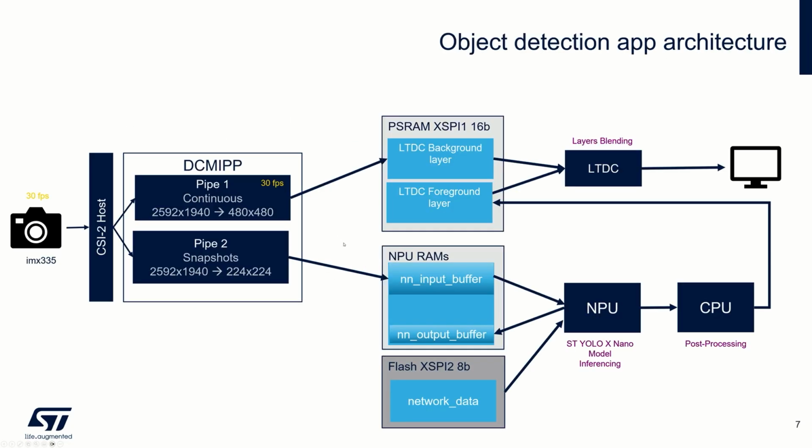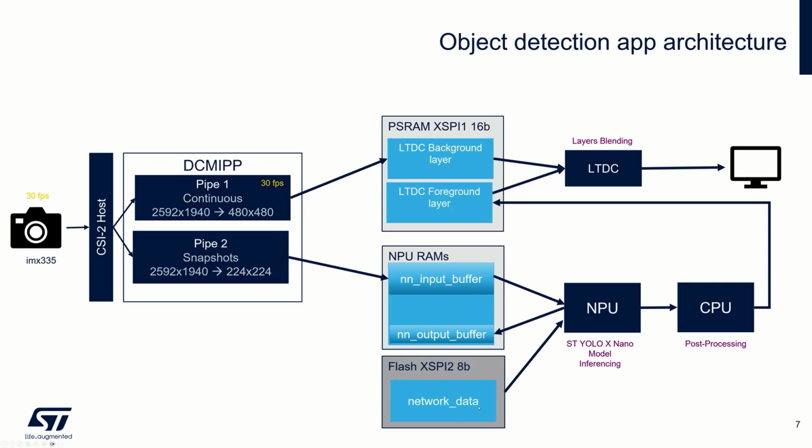The live video stream is stored in external RAM, while the snapshots for the object detection model are stored in the neural processing unit dedicated RAM because of the much higher bandwidth than external RAM, which of course accelerates the execution of the model.